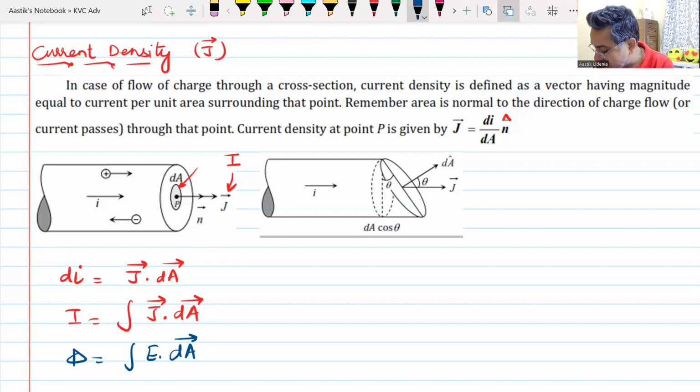Flux and electric field. Do we understand this? It's the same relation. Both have the area vector coming into the picture. Everyone understands this? I'll give you 2 minutes to note this down.